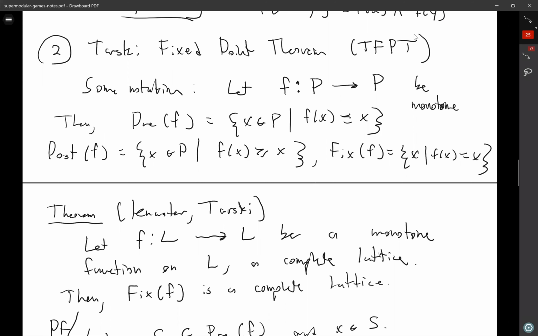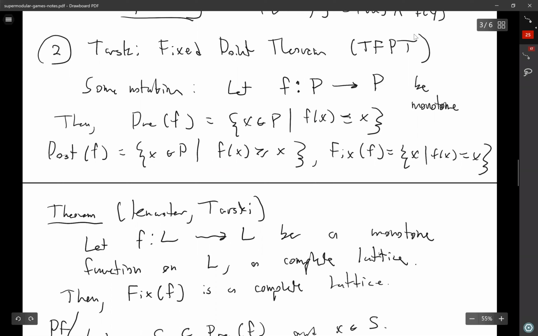Remember, this function is order preserving, and the domain and the codomain of this function are the same. The prefix points of this function are all the points such that when we hit them with f, we're less than or equal to where we started. And then, of course, we have the postfix points, or the suffix points, which is the opposite of this notion.